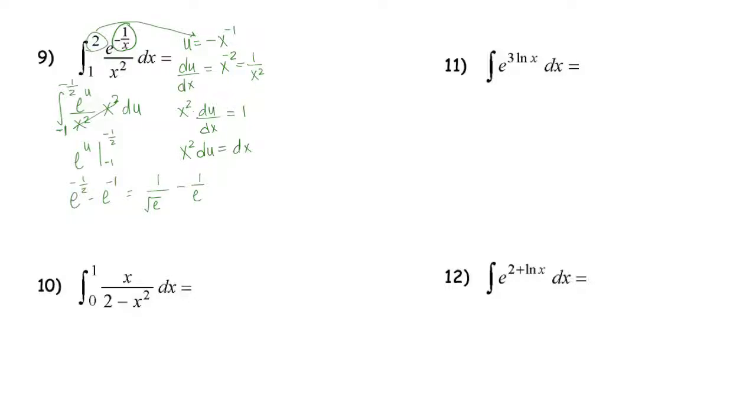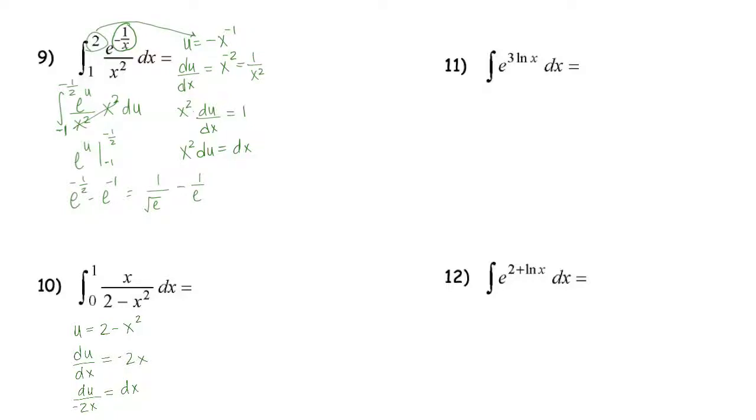Okay, for our next problem, we're going to let u be 2 minus x squared. So du dx is going to be -2x. And so solving for dx, we have du over -2x equals dx.